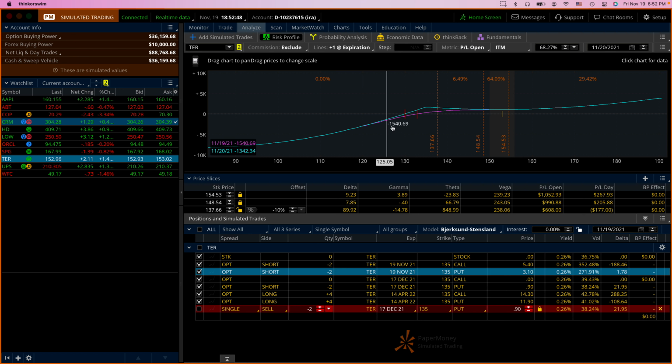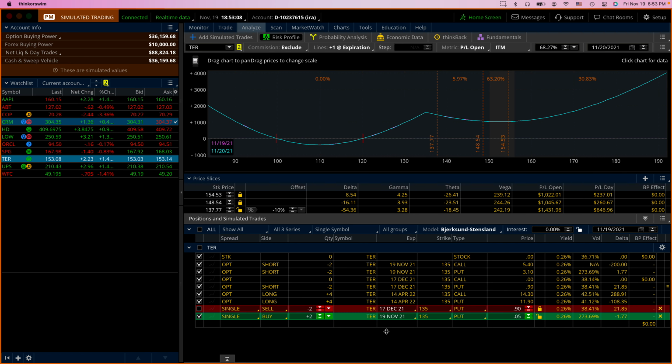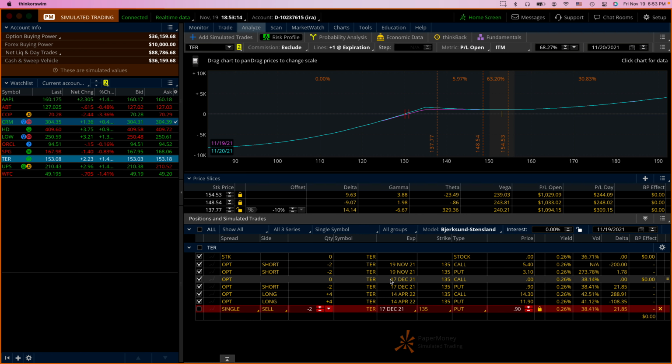Right now it's looking more like this. It looks like I have an infinite potential loss to the downside, but the reality is that the stock is not going to go 300 points down in just a few hours. That's the assumption, that the put would expire worthless. You can buy it back if you want for 5 cents, no big deal. Okay, let's move on to the call side.